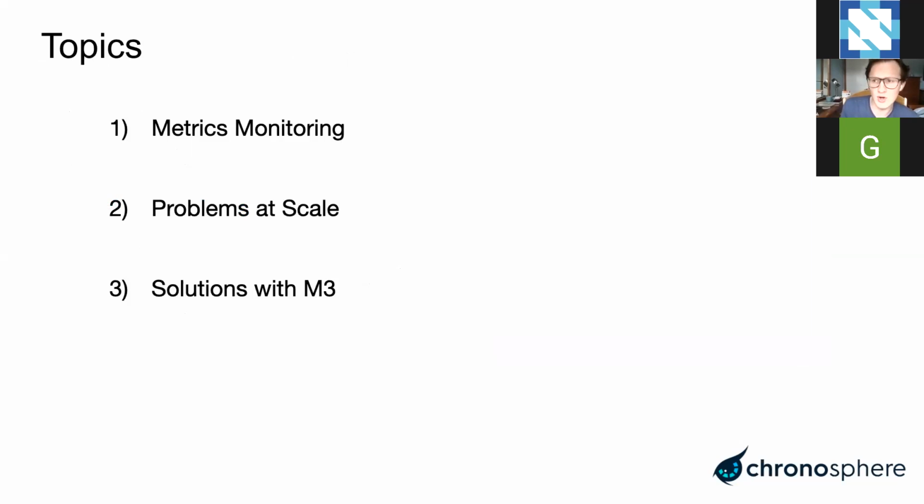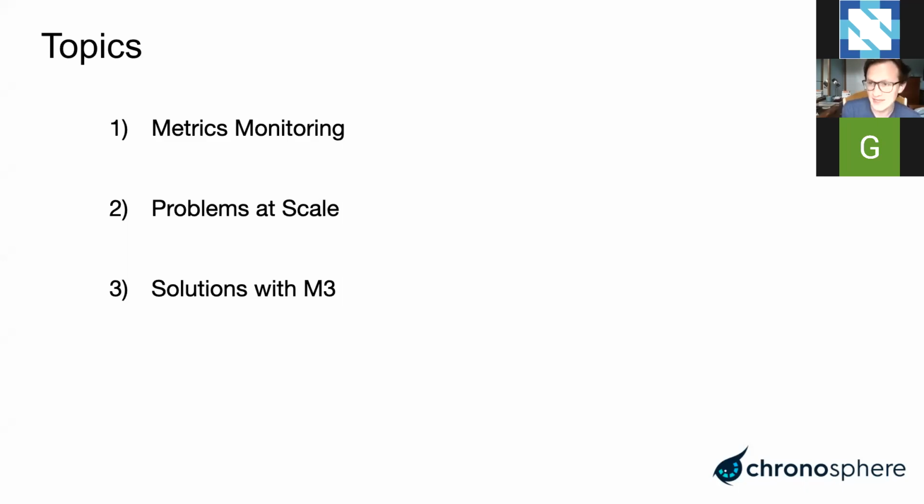Just to go over what is on the agenda in this presentation, first we'll talk more abstractly about what metrics monitoring even is, and give some examples of some metrics and the series that comprise those metrics so we better understand what we're actually monitoring.